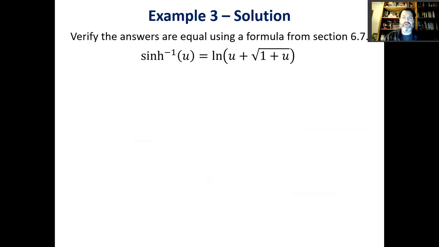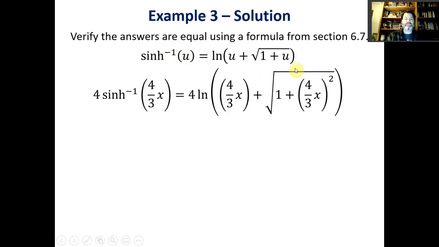So there's a formula from section 6.7. There's an algebraic way to write hyperbolic arcsine, and you write it in terms of natural logs. So this is what it looks like Wolfram Alpha is giving us, and this is what we got when we did it by hand. Let's prove that they're the same.